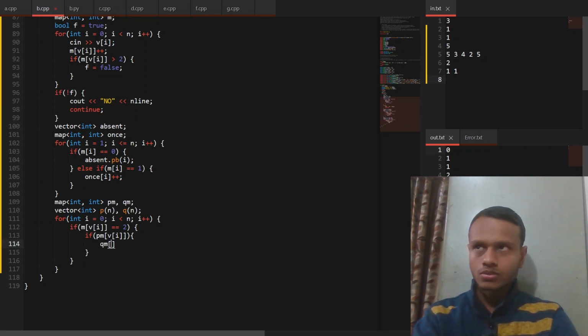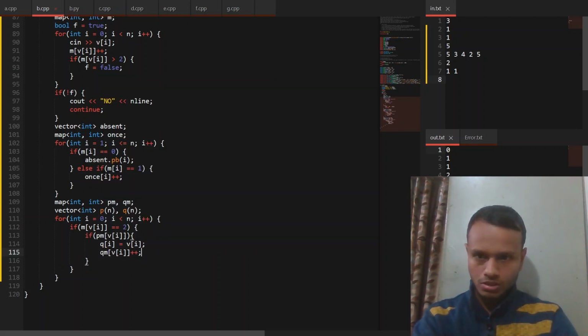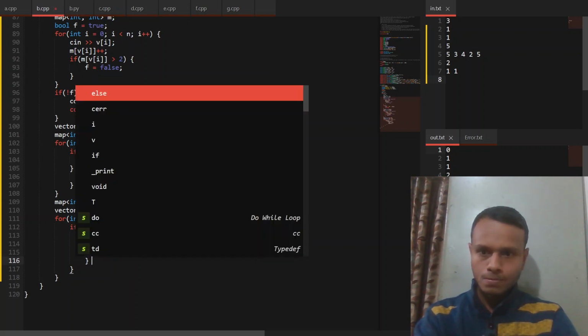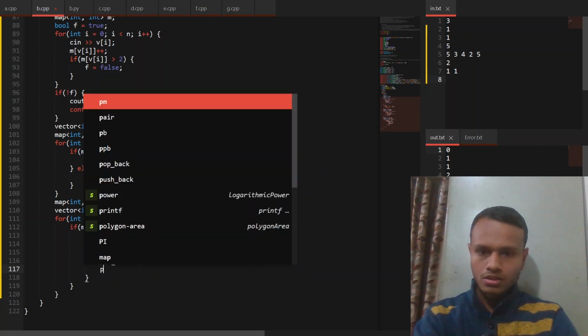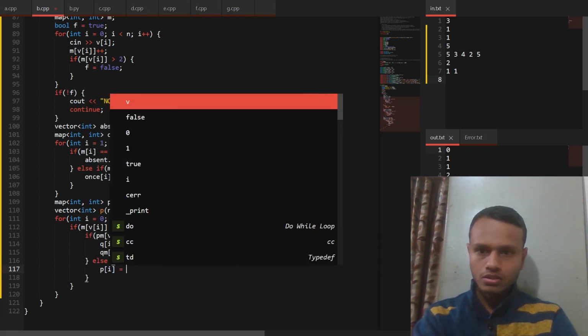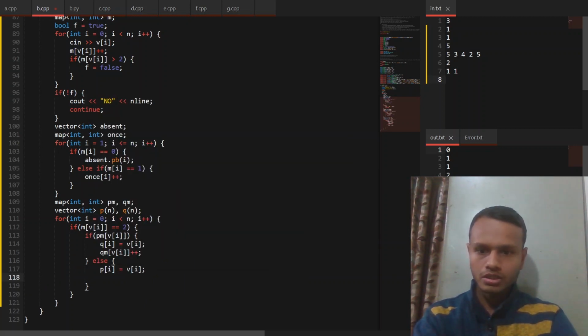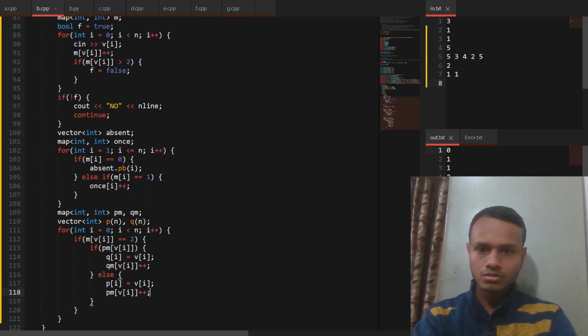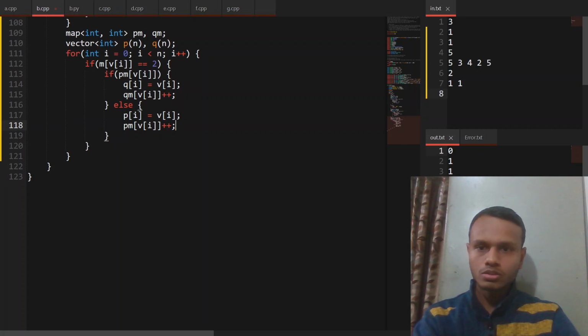Qm of, or first q of i is equal to v of i and qm of v of i plus plus. Else let's put it in the p array, and call that now it is present in this one. Let's zoom out a bit.